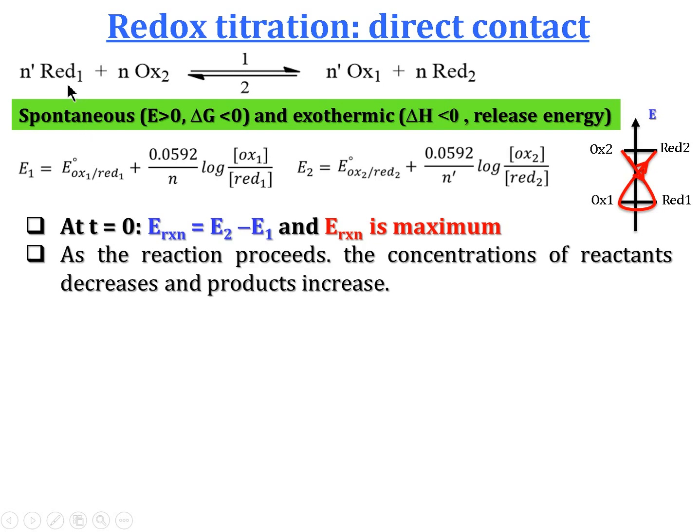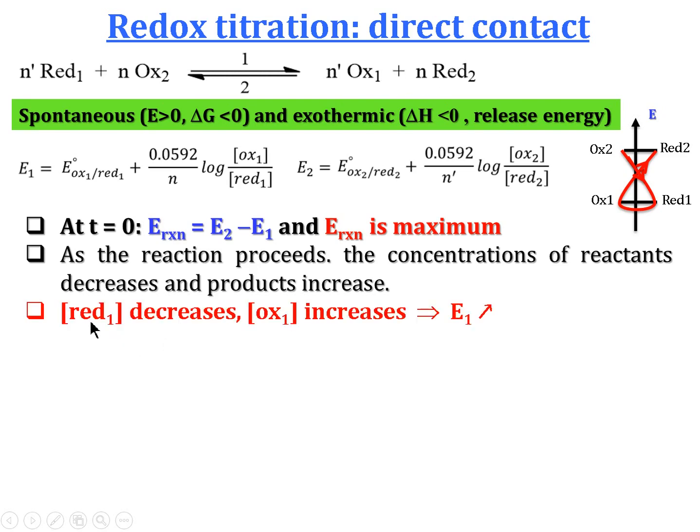When the reaction proceeds, the concentrations of Red1 and Ox2 will decrease, and those of Ox1 and Red2 will increase. So in the course of the reaction, the concentration of Red1 decreases and Ox1 concentration increases, so E1 will increase.